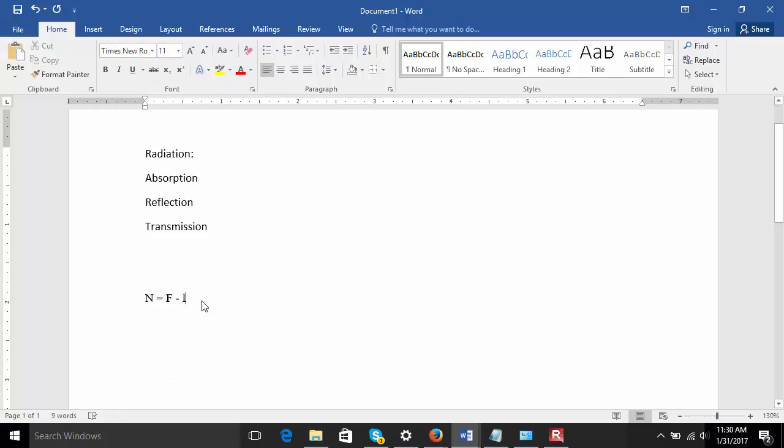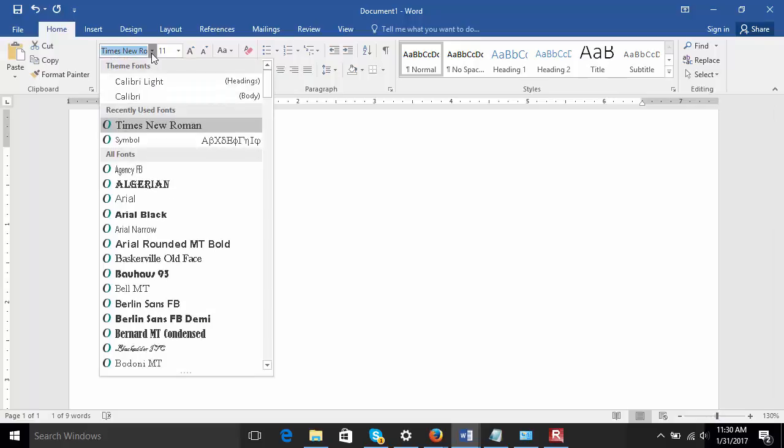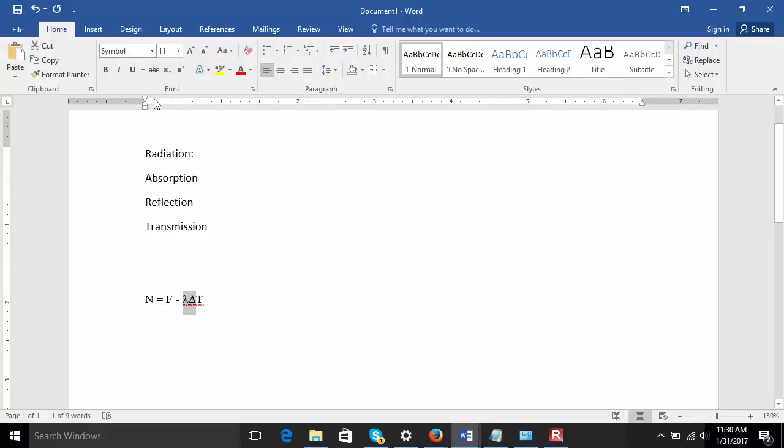So N equals F minus lambda delta T. If I come in here and change that from Times New Roman to symbol, we get that. Okay, so it's a power equation. That's what it is. So it's a radiation power equation.